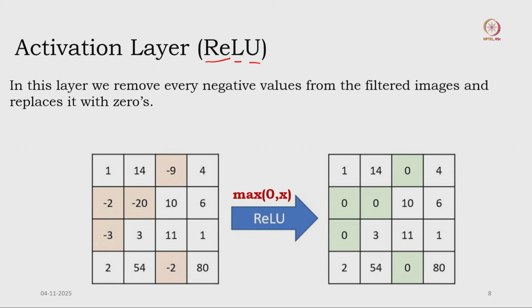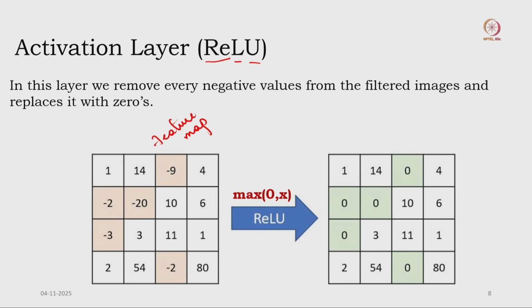The role of ReLU is, now when we perform a convolution operation, this is just an example image that you are seeing on the screen here. Let us assume this is the output we have got from the convolution layer. From the previous layer we got this output, which is a feature map.